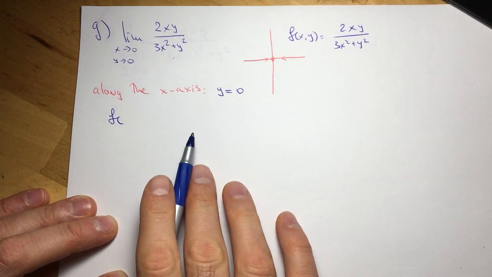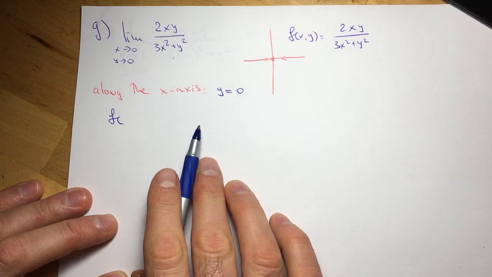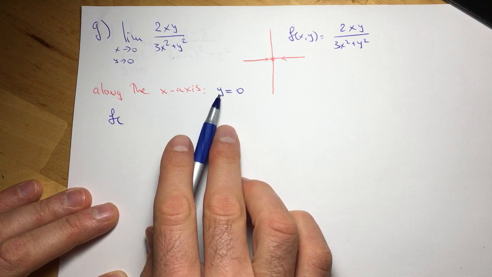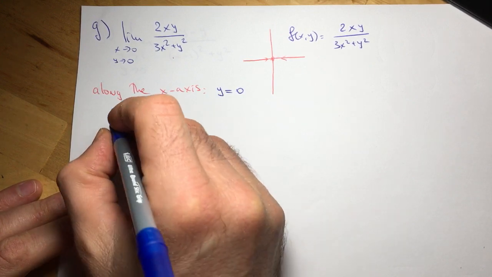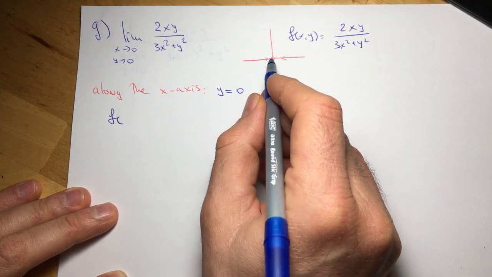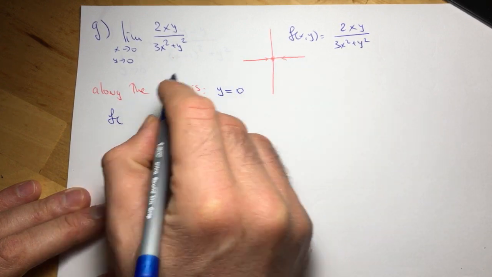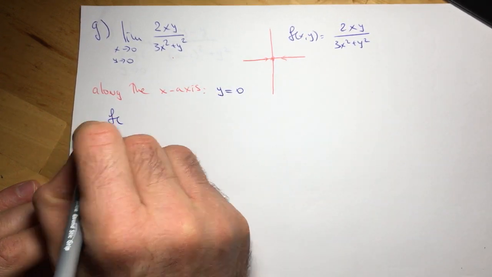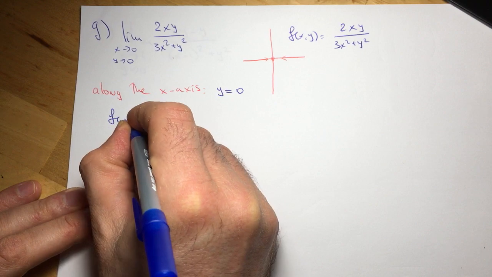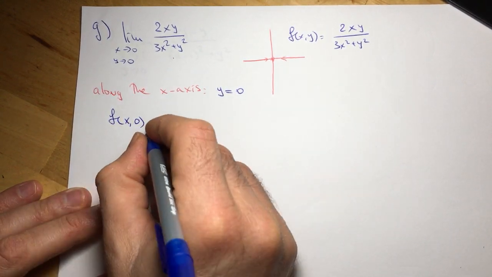So along the x-axis, y is equal to 0. So for all the points on the x-axis, the function f of xy will take the form f of x, 0.